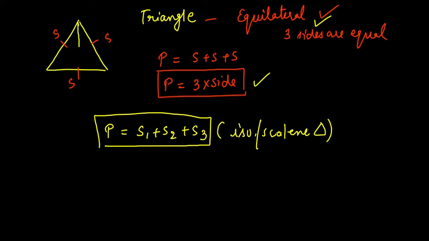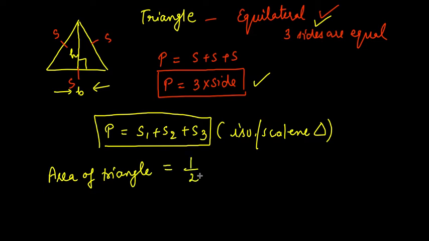So in a triangle, we have a height here. Let's define it with H, and let's define the base as B. So area of triangle is half into base into height, and it is also measured in square units.